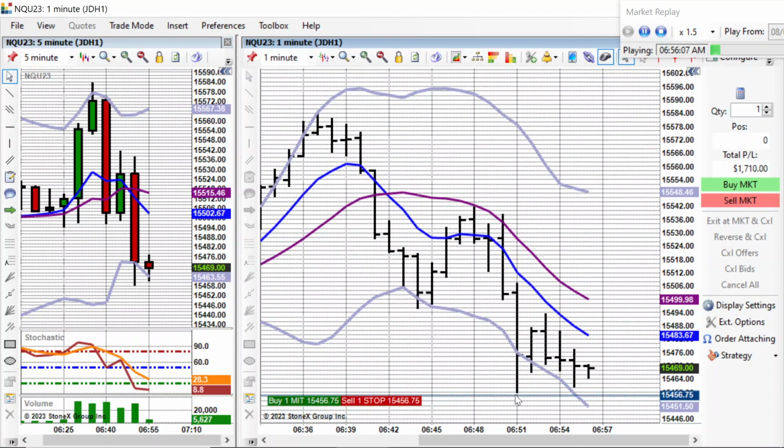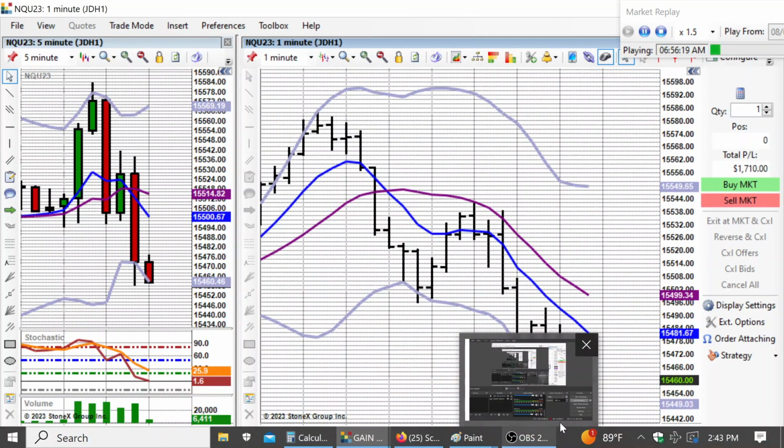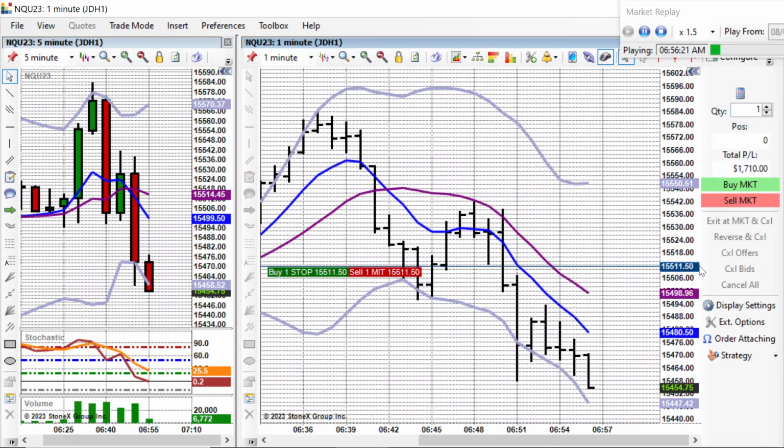A lot of times, if it fails to hit the target, I'll go ahead and reduce the target when I see something like that, because a lot of times it'll come back. Whoop. And in this case, it's not.